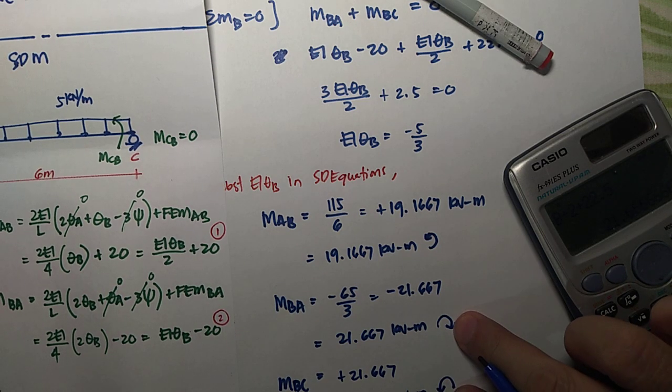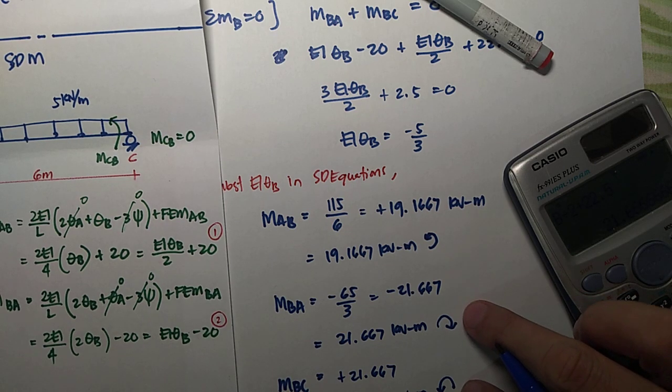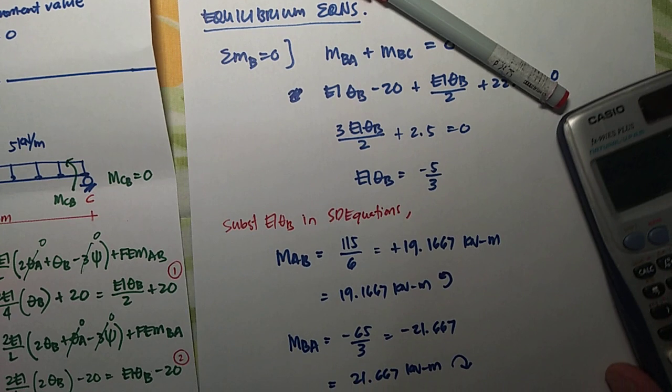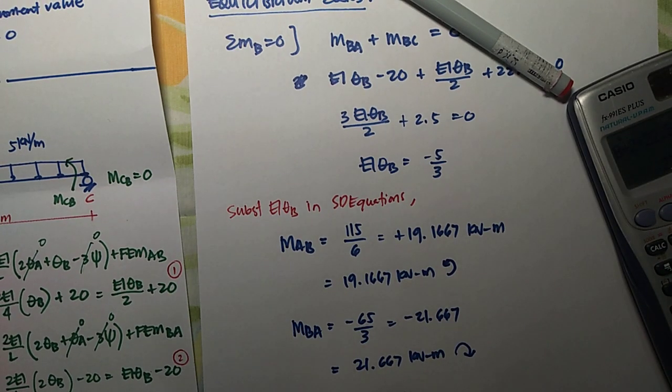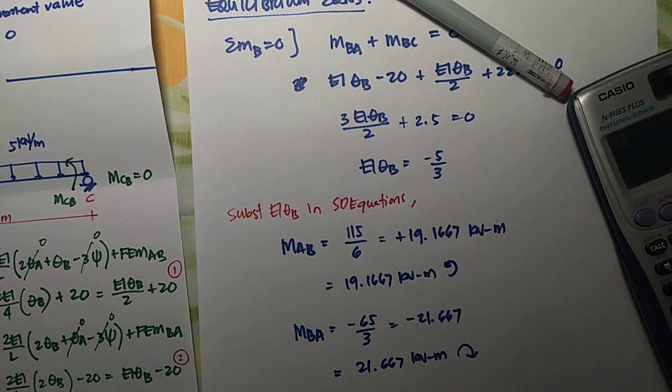So as you can see, MBA and MBC have the same magnitude but different yung direction because the summation of moment at point B must be 0. So that validates this equation. Okay? And of course, the moment at CB is equal to 0. Okay, so those are the end moments.